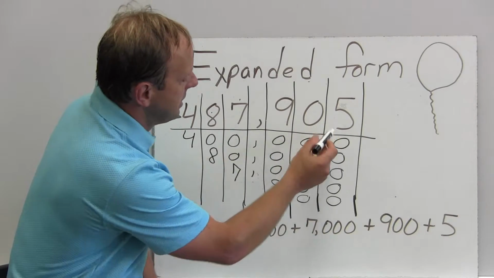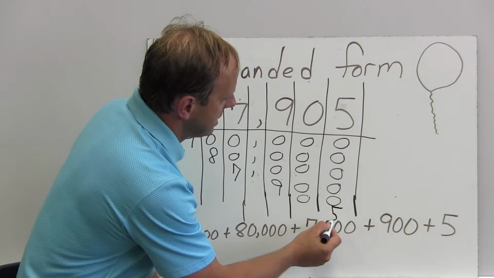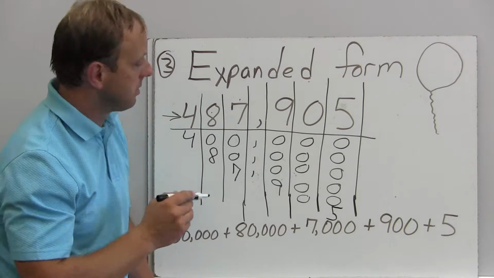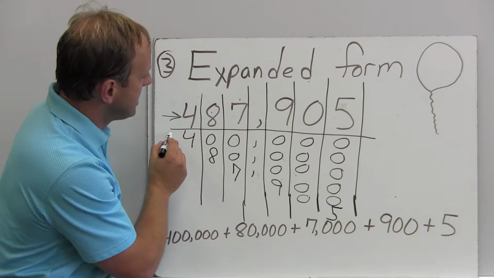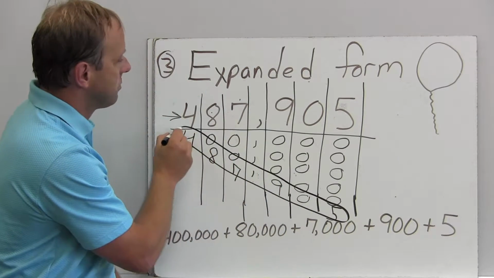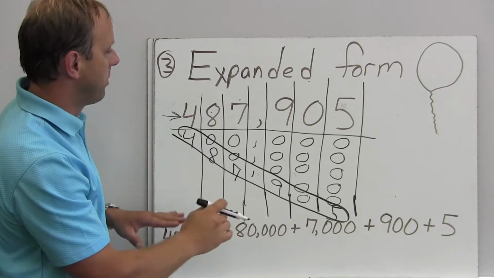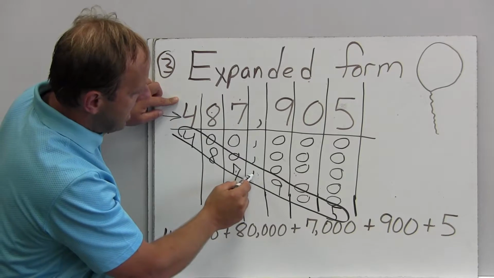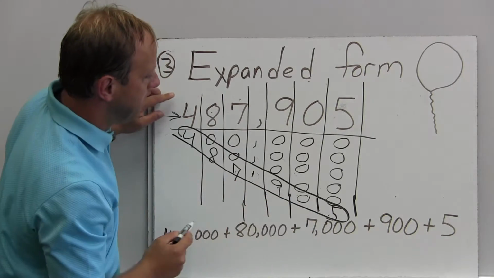And then the last number we have is in the ones place, and it's a 5. Now, how can I check this? It's a super little trick, and lots of kids find success by looking at the bottom digit in each row, and I know it's sort of hard to read probably, but it matches this, 487,905.